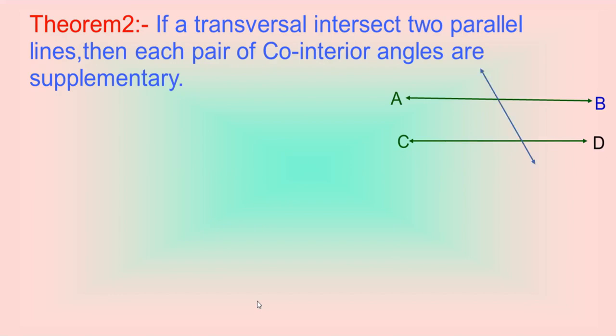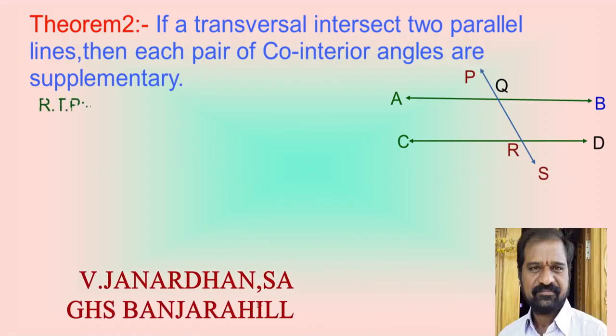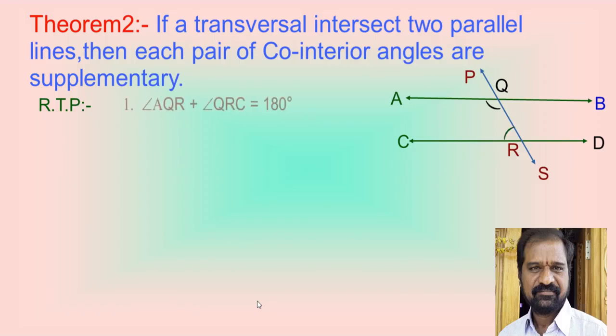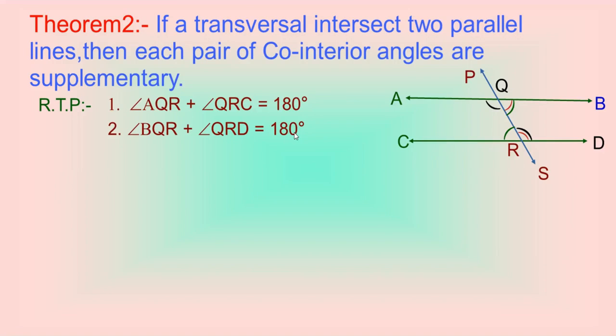PS is a transversal that intersects AB at Q and CD at R. We are required to prove that angle AQR plus QRC are supplementary, that means the sum is equal to 180 degrees, and BQR and QRD are also supplementary, sum equal to 180 degrees. Now, the proof.